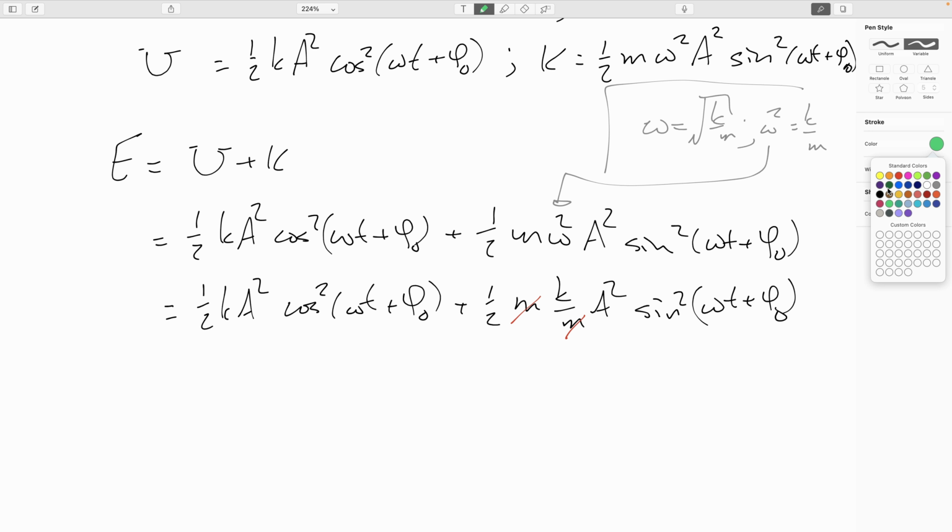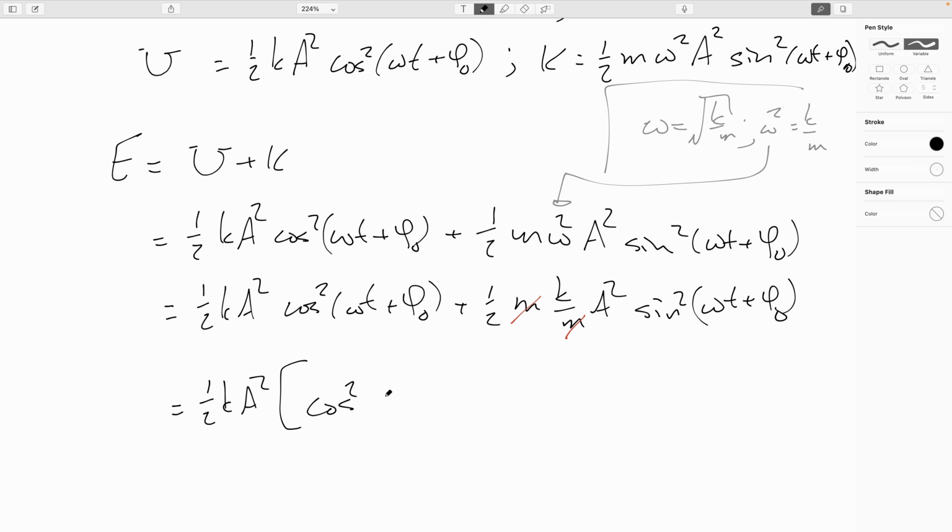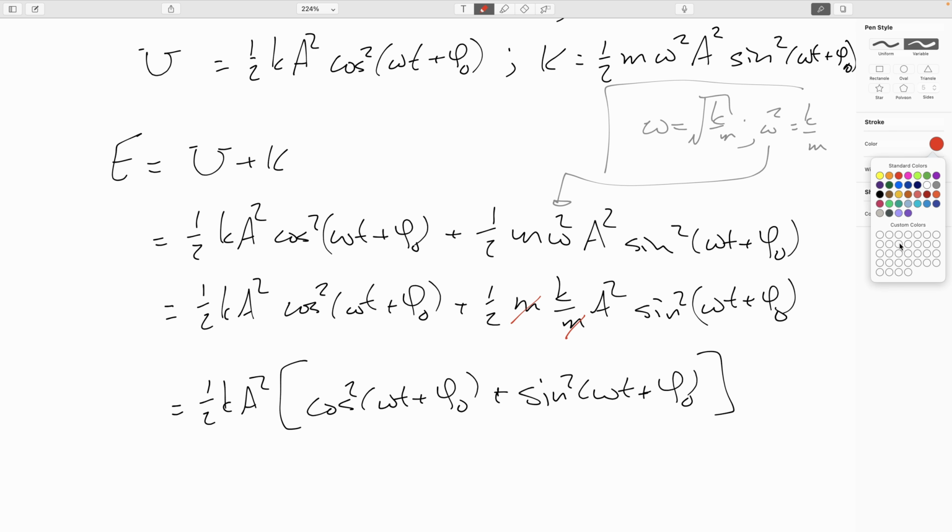Now, both terms have a 1/2 kA squared in front of them, so let's pull that out. 1/2 kA squared. Now I'm left with cosine squared of omega t plus phi naught plus sine squared of omega t plus phi naught. And you look at that and go, wait, if we remember from trig, sine squared of some angle plus cosine squared of the same angle is always equal to 1. So no matter what t is, at all times, the phase inside cosine squared and the phase inside sine squared is going to be the same.